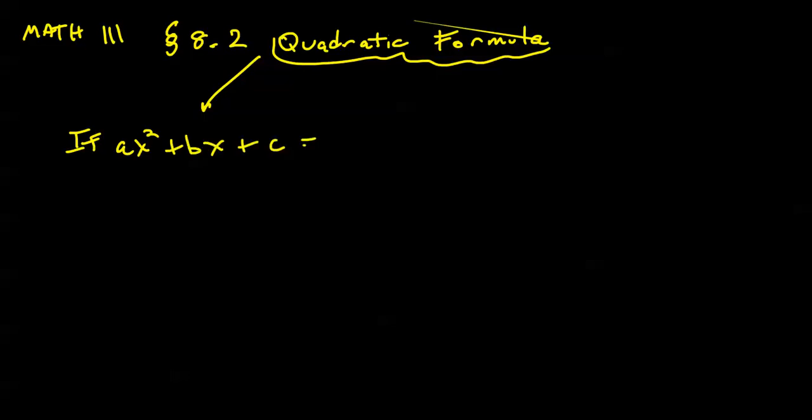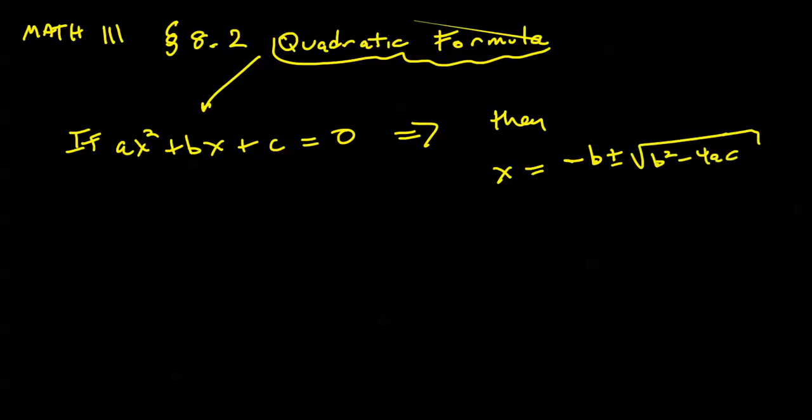The quadratic formula says this. If you have a degree 2 polynomial in standard form, namely terms arranged in decreasing degree and equaling 0, then I can write down my solutions for x based on this relatively simple algebraic expression involving the coefficients a, b, and c.